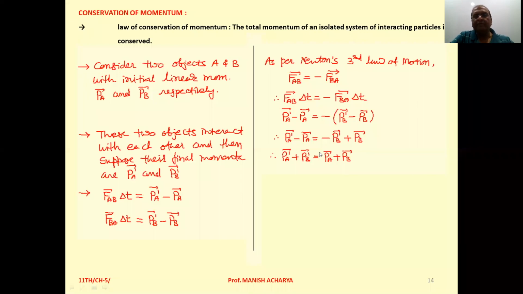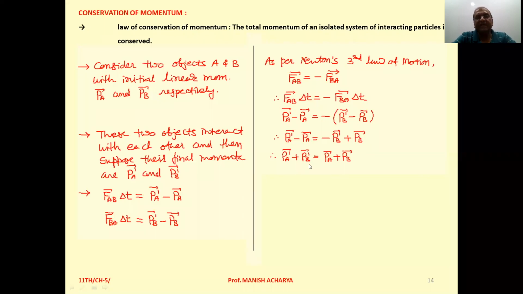Now see, PA plus PB, that is the summation of initial linear momenta of A and B. So we can say this is the total initial linear momentum of the system. Means before interaction, initial means.